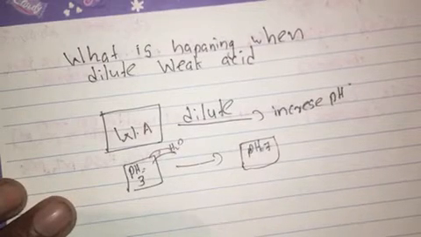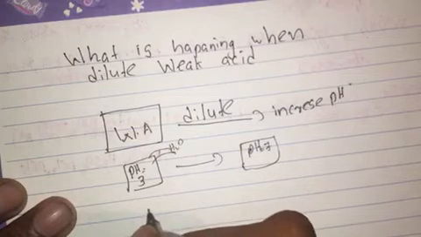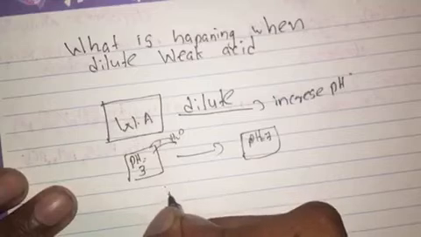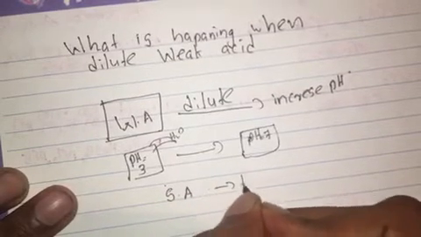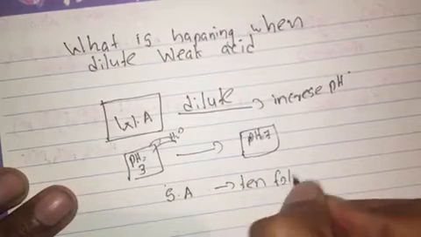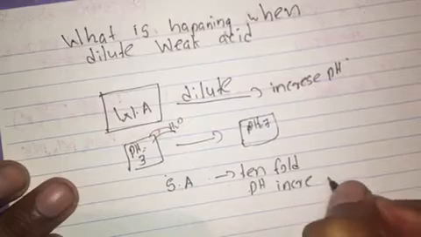But we discussed in the previous video, when we dilute a strong acid tenfold, pH increases by 1 value.